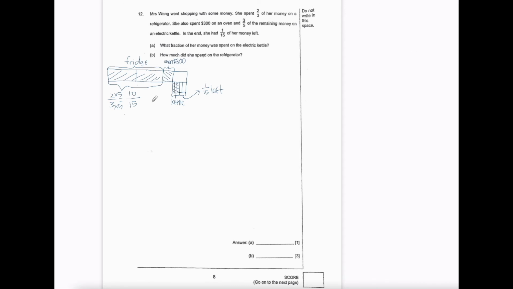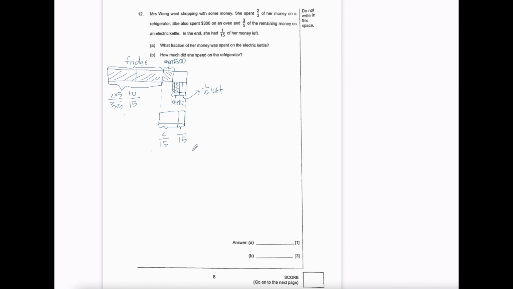Okay, so if I were to draw it down, this is actually 5/15. So this is 1/15. So this is actually 4/15 because 10 plus 4 plus 1 is 15.